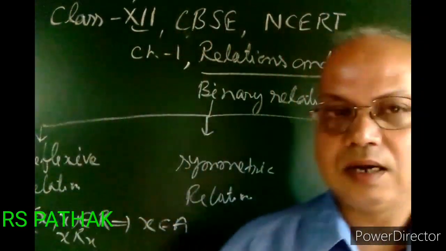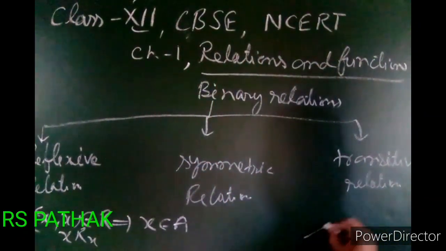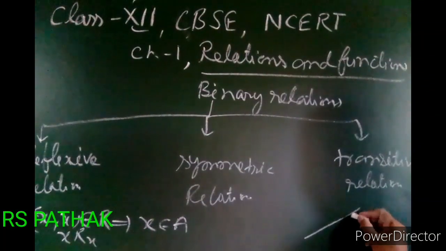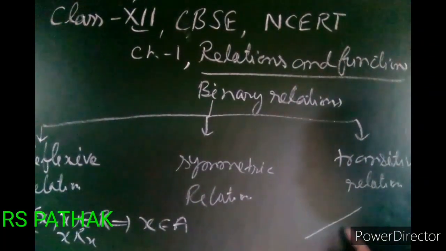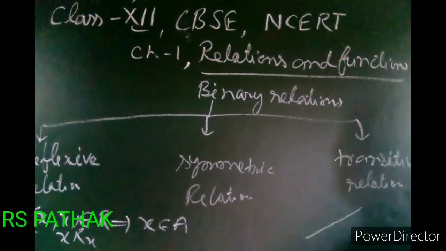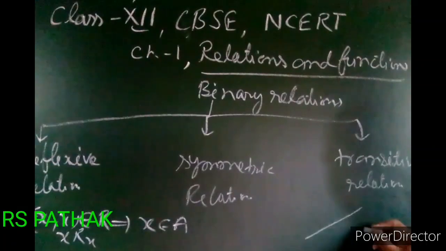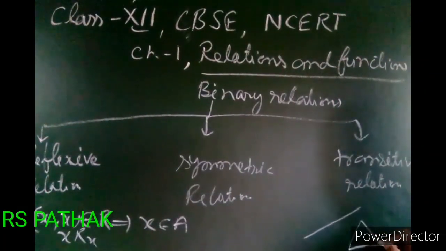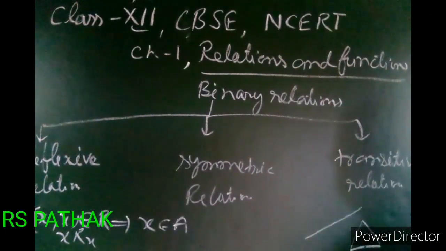Self to self means, for example, let us suppose this line is parallel to itself. Therefore it satisfies reflexive relation. Every triangle is congruent to itself. It also satisfies reflexive relation.